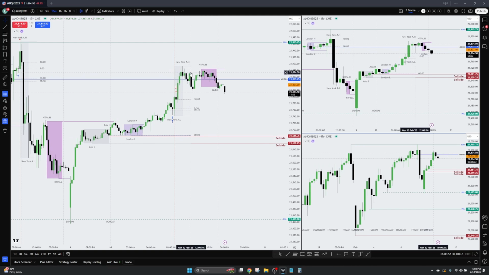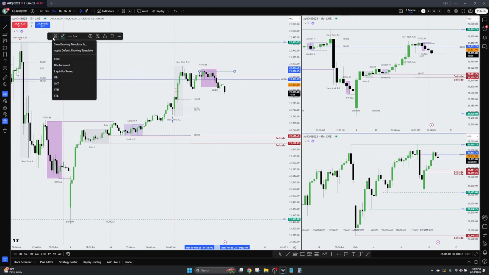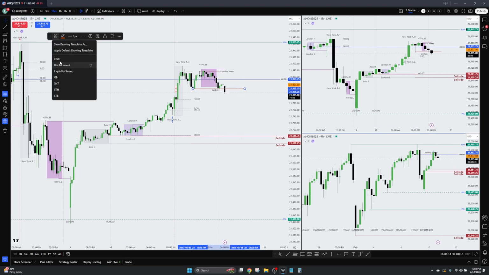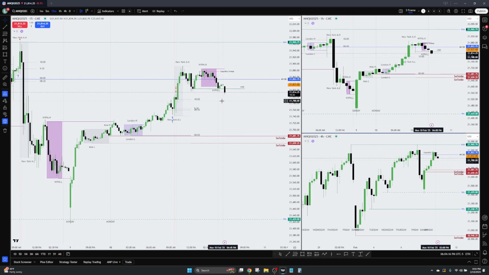We had swept this liquidity here. So what I would like to see is a fairly decent amount of displacement here, creating a fair value gap for price to return back up to and dump down for the sell side liquidity.